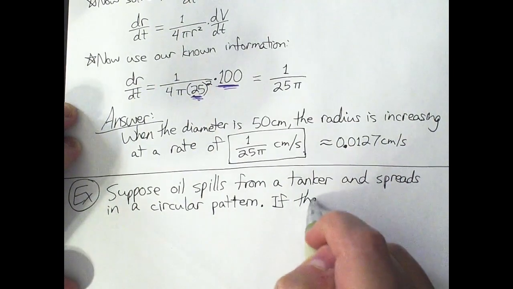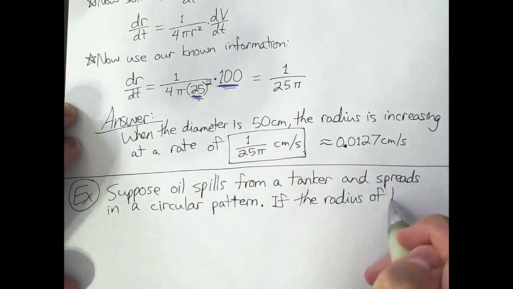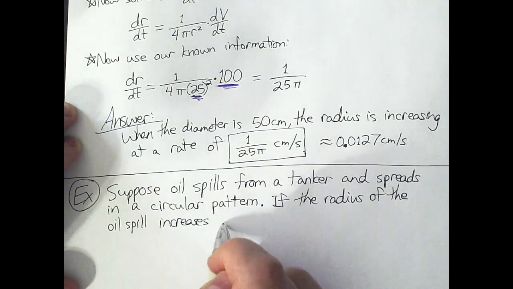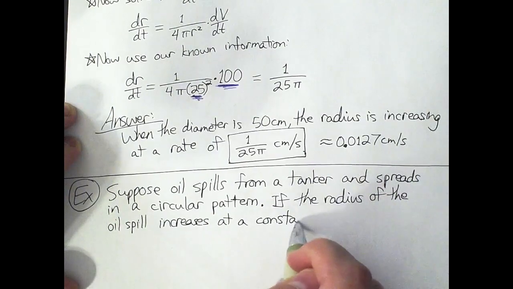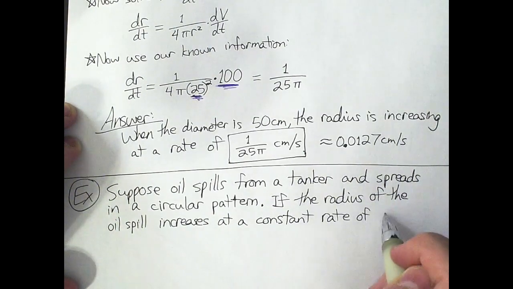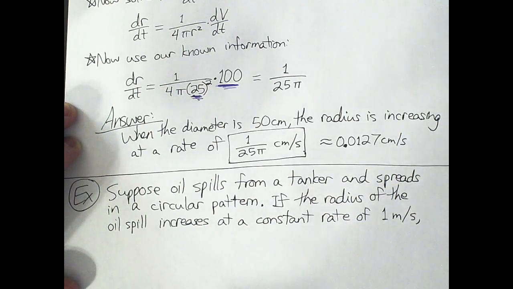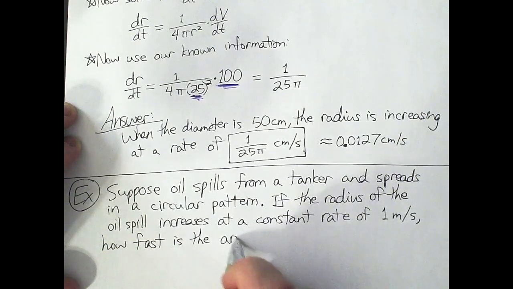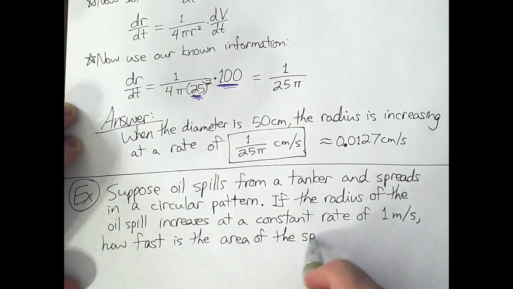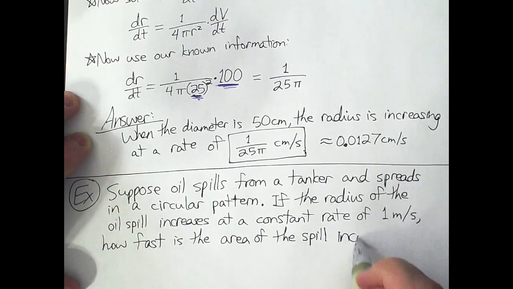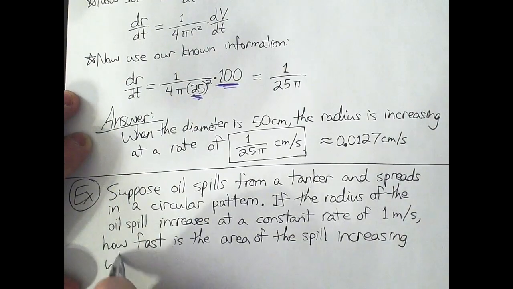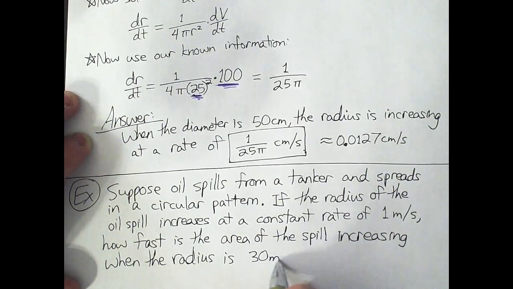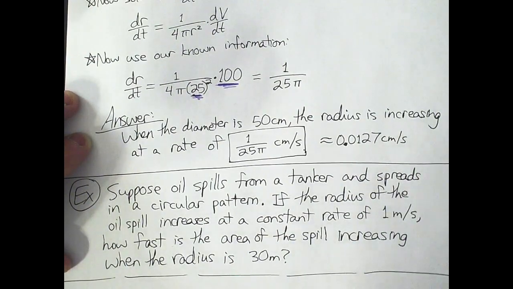If the radius of the oil spill increases at a constant rate of 1 meter per second, how fast is the area of the spill increasing when the radius is 30 meters? Okay, there's the problem. I'll give you a chance to see that.